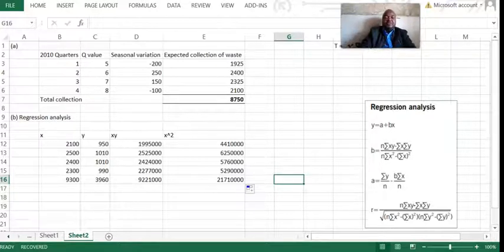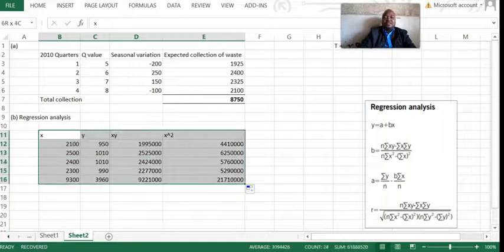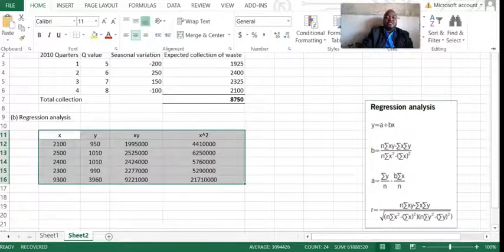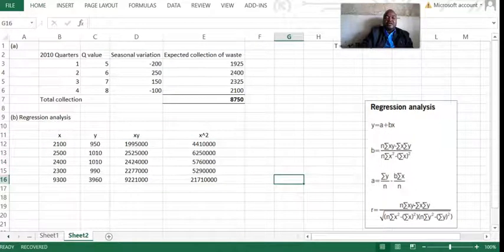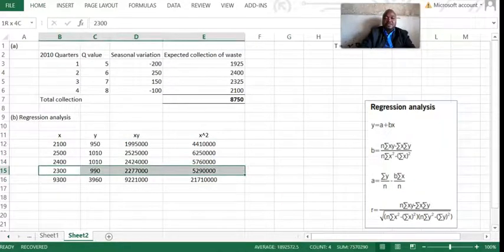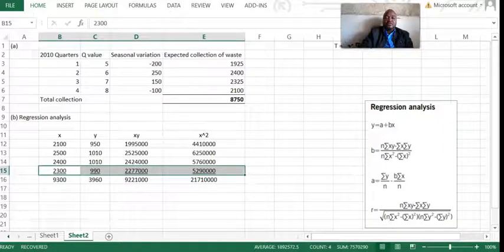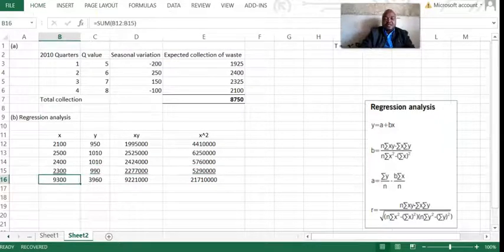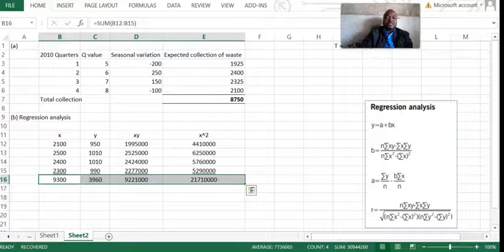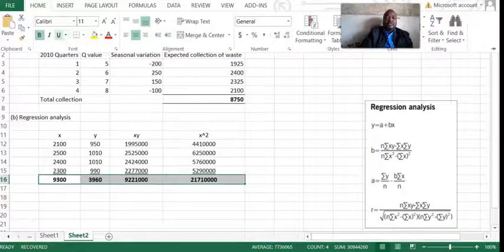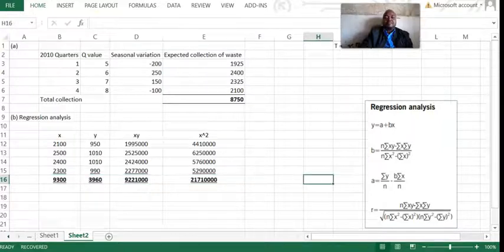Some bit of formatting might assist so that information is a bit clearer. You just have to justify everything by the center. We can as well do the underlining so that we won't confuse ourselves. Some underlining is important, as well as some boldening. Okay, we've done our part in terms of computing those variables.